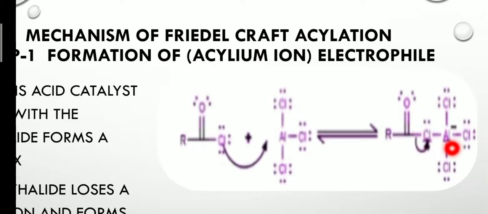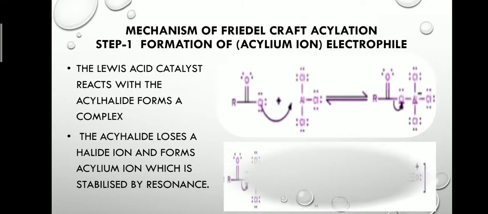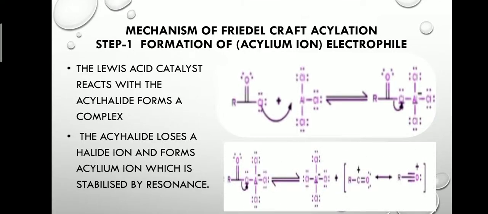It goes away with this aluminum trichloride, resulting in the formation of your electrophile, that is your acylium ion. So next, the acyl halide loses its halide ion and forms the acylium ion, which is then stabilized by resonance. Okay, this acylium ion is stable because of resonance.